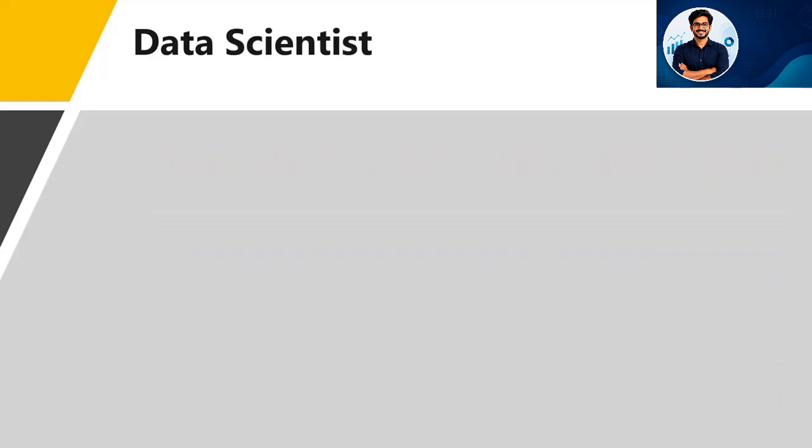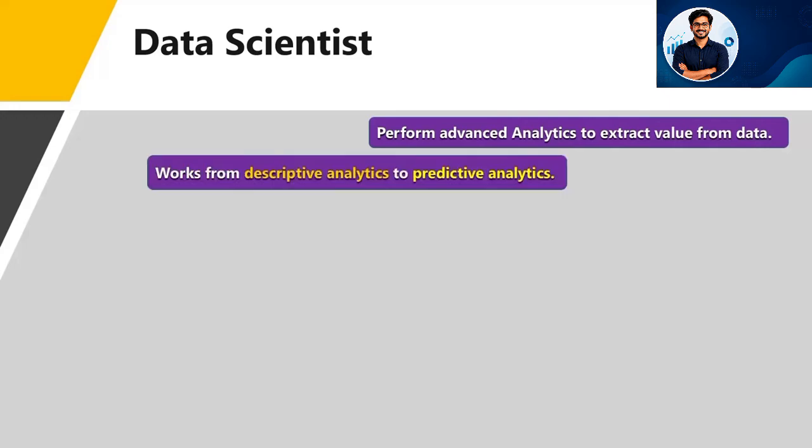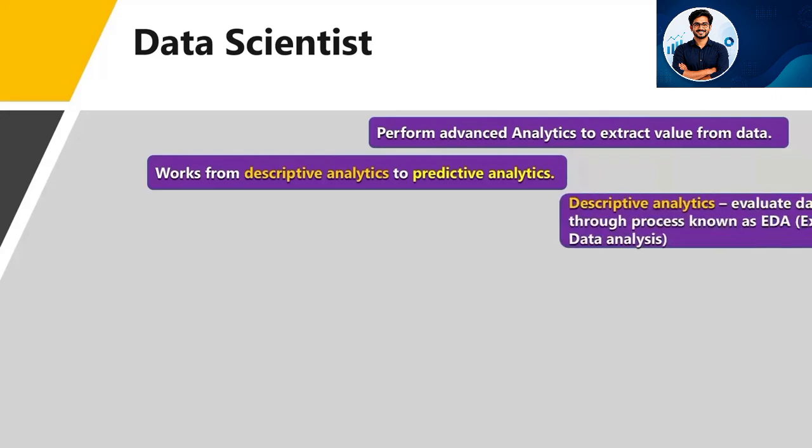So who are the data scientists? Data scientists are technically very advanced people who perform advanced analytics to extract value from the data. They work from descriptive to predictive analysis, meaning whatever forecasting we need can be done with the help of predictive analytics.